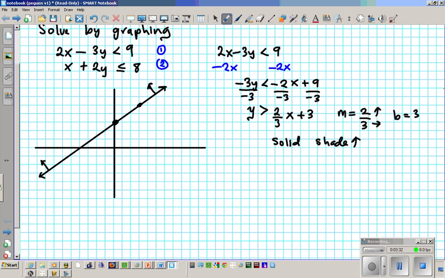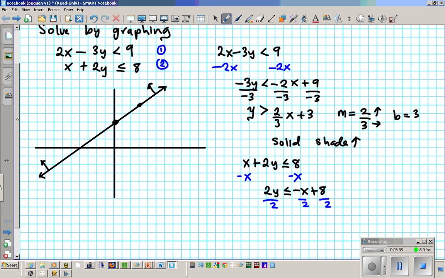Line 2, we have x plus 2y is less than or equal to 8. To get y by itself, you subtract x from both sides. And then you have 2y is less than or equal to negative x plus 8. Divide everything by 2.